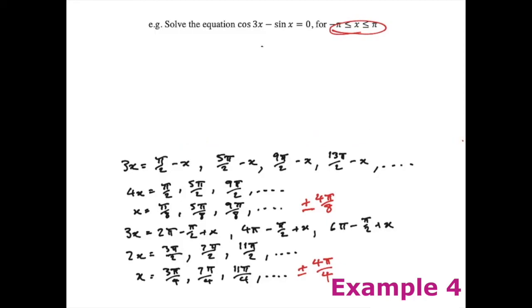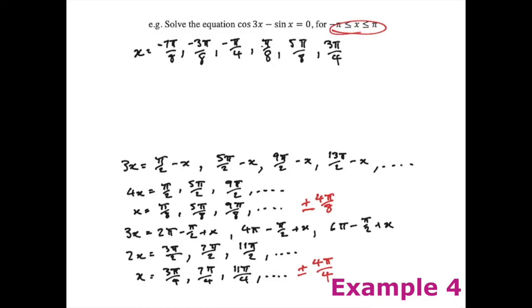So to get our final answers, because remember we want to go from negative pi to pi, my final solutions will be, from the first one I go to negative 7 pi on 8, negative 3 pi on 8, negative pi on 4, pi on 8, 5 pi on 8, and 3 pi on 4.